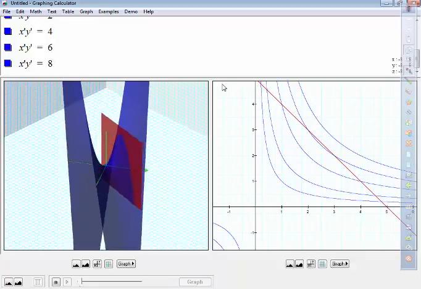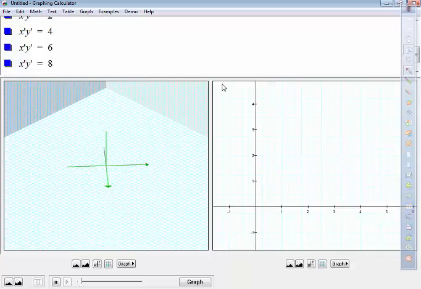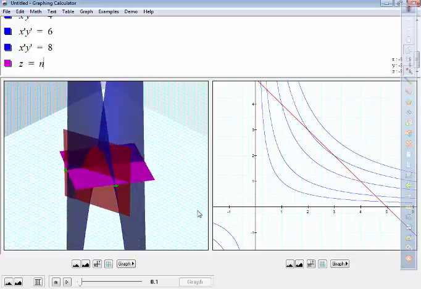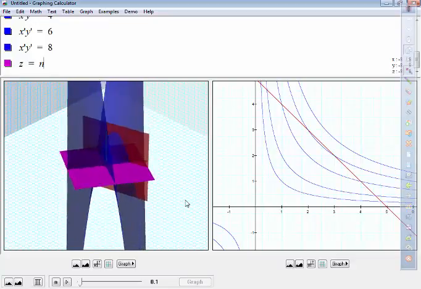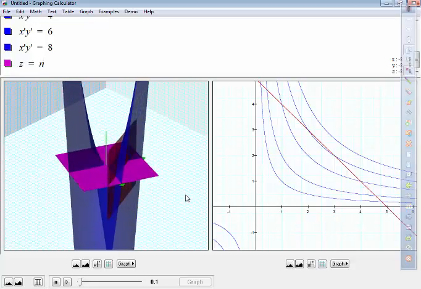All right. Now let's think about this. Let's maybe stop this from spinning.